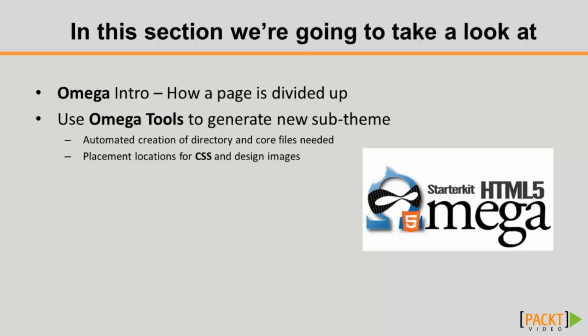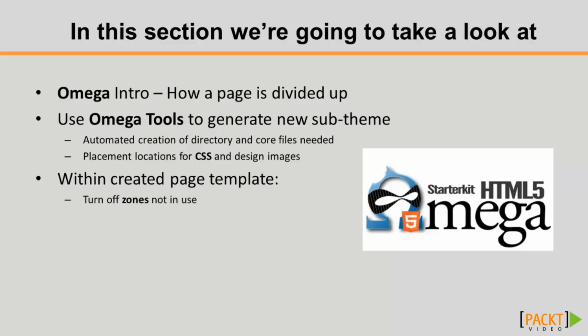Going back into Drupal itself, in the created page template, I'm going to be turning off the zones we're not going to use, moving regions between zones, setting those regions which are going to contain our blocks, adjusting the column widths of those to match up what is desired in our wireframe.